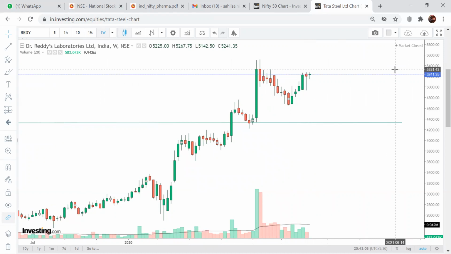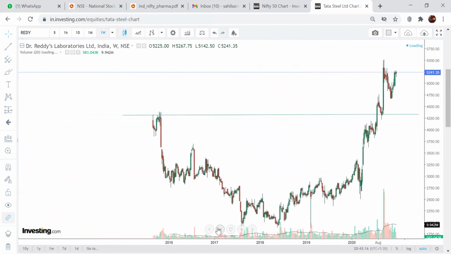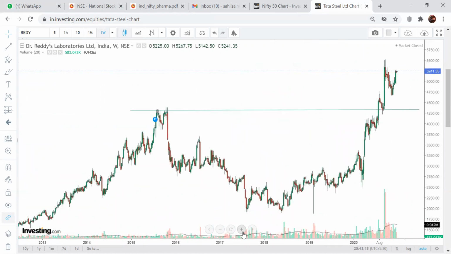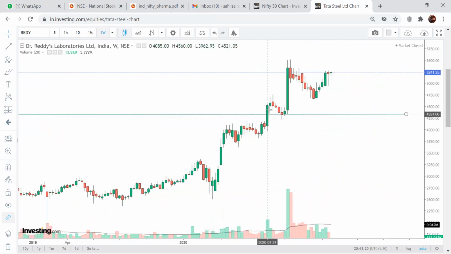But do your own analysis. Do not enter any trade because of anyone. Okay, you guys are smart enough. This is really beautiful. See this breakout, retest, and boom.